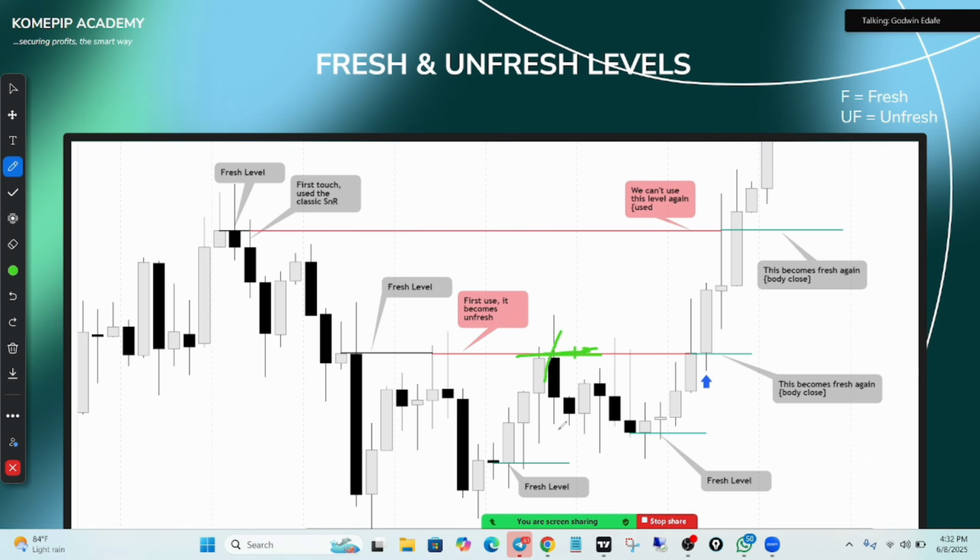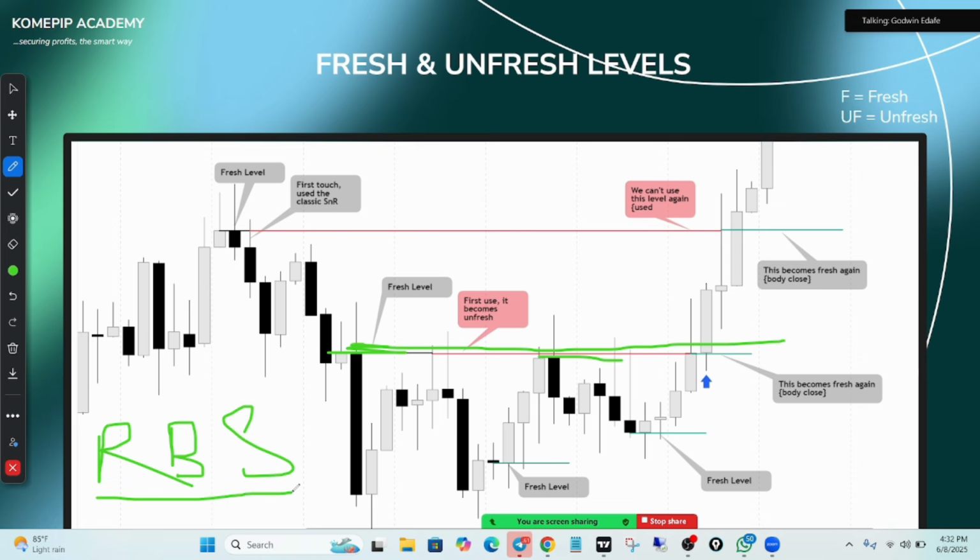The same thing, we had an A-shape here. What happened? This one used it and pushed price down. But take note of this candle that closed above this key level. Immediately this candle closed above this key level, this becomes a valid zone. Automatically this becomes resistance turned support. That's what they call ROBS, resistance break support.